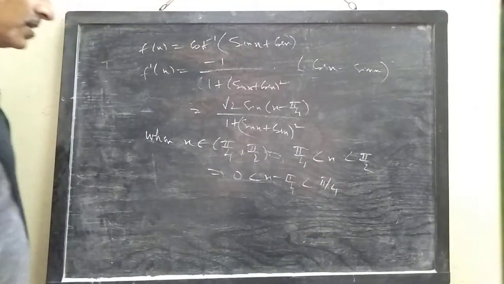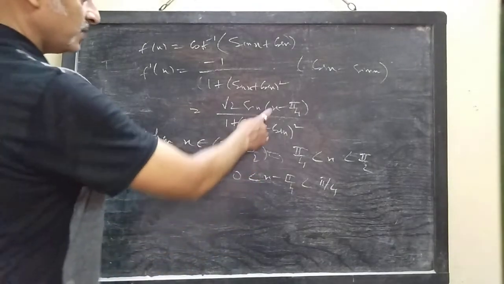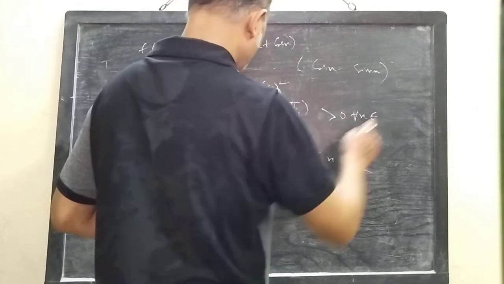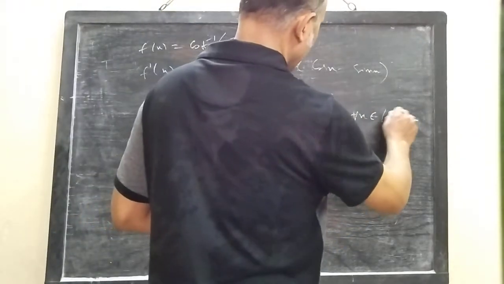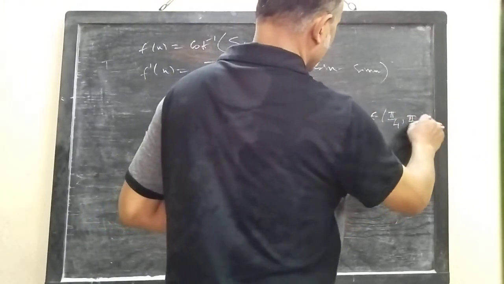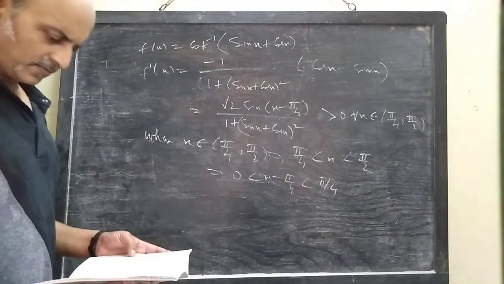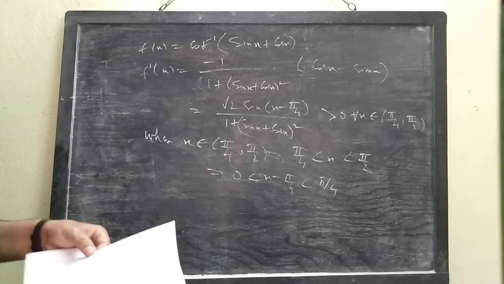This is in first quadrant, and in first quadrant sine is positive. So you can say this is greater than 0 for all x belongs to pi by 4 to pi by 2. So you can conclude f(x) is increasing in the interval pi by 4 to pi by 2. Okay.